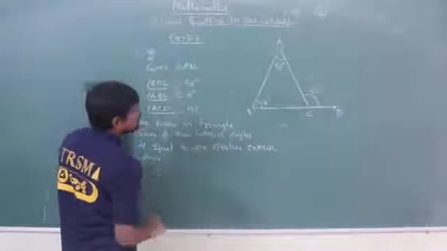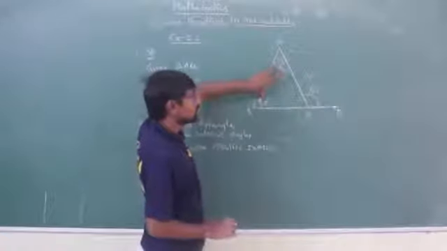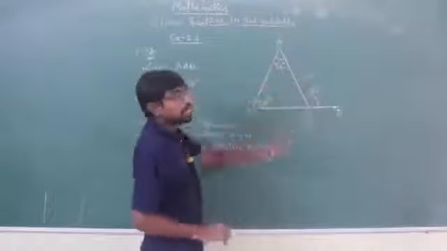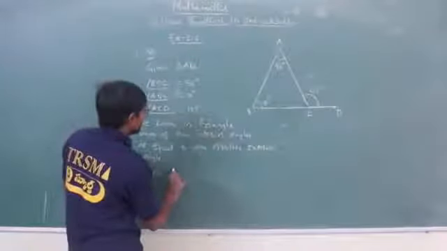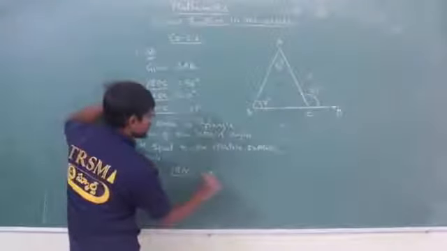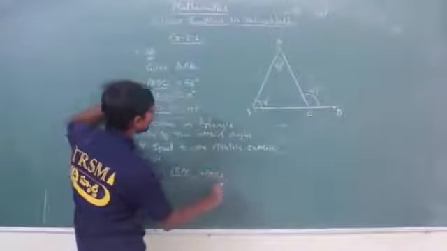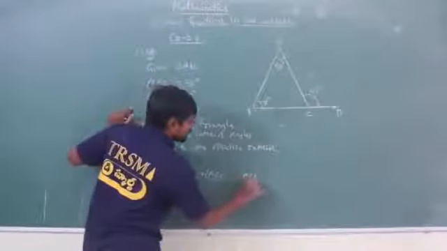So therefore, if I add these both, I will be getting 123, isn't it? The sum of two interior angles is one exterior angle, the opposite exterior angle. Therefore, angle BAC plus angle ABC is equal to the opposite exterior angle, which is 123, angle ACD.